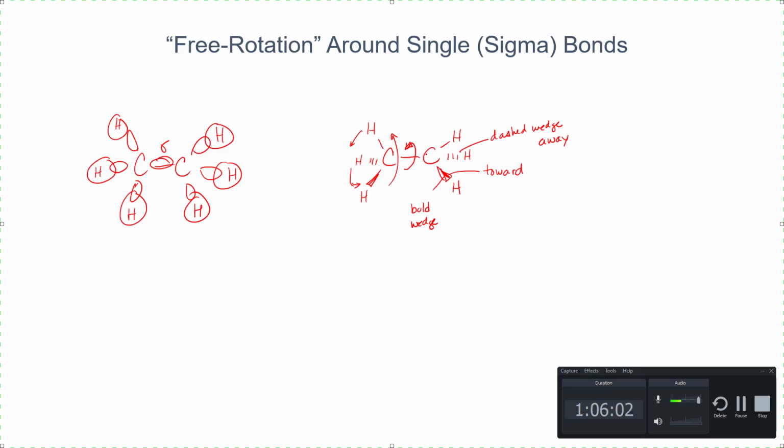So what that means for a Lewis-Dot structure is the following.